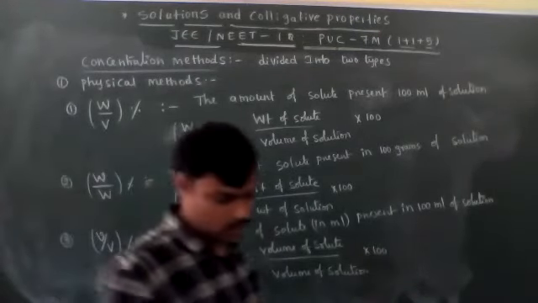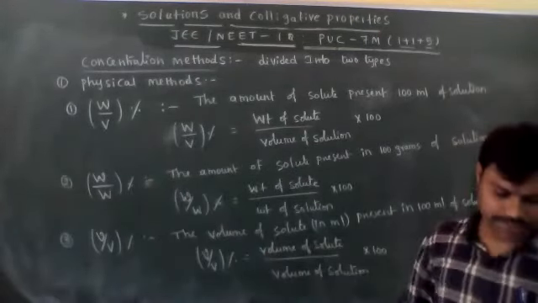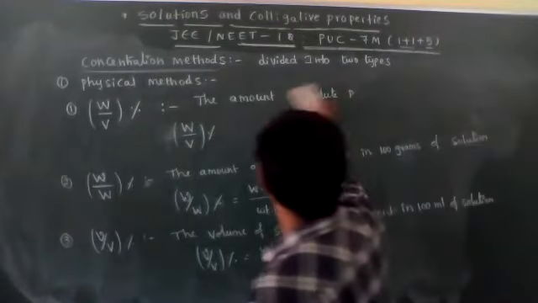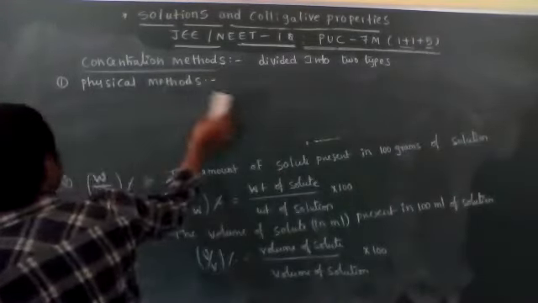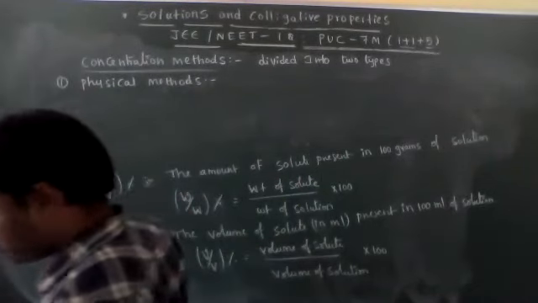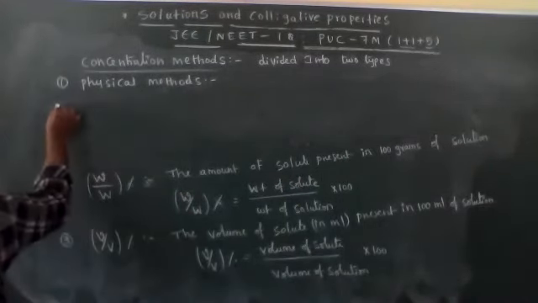Okay students. The next important physical method is ppm, parts per million. Let's see the fourth one, parts per million.